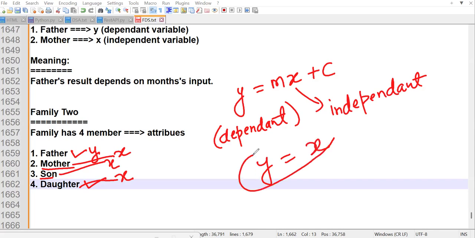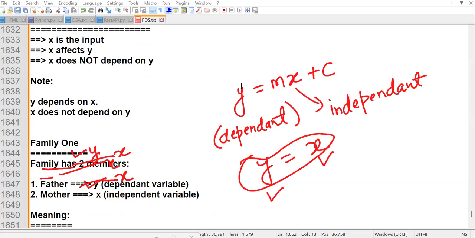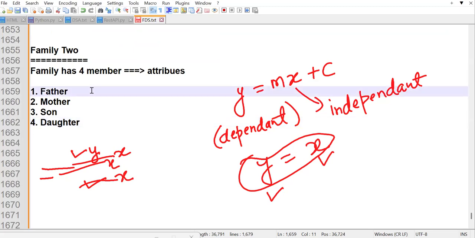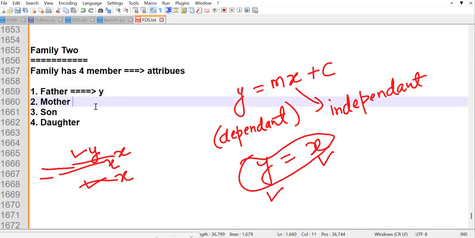You can understand like this. Y equals x, where x is independent and y is the dependent variable. I hope you're getting clarity here. If I ask you what is father, father is Y, the dependent variable, and mother is an independent variable.